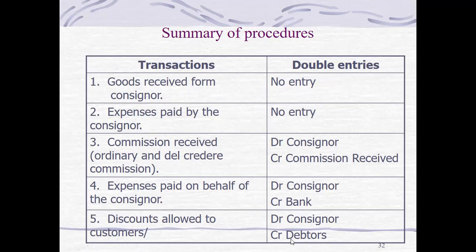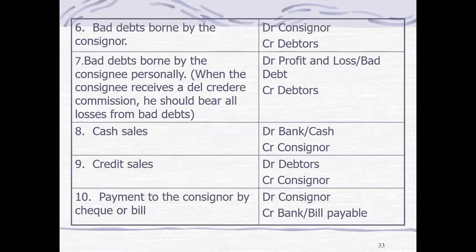Because this is credit, if sales discount is not used, we will be debiting the consignor's account and crediting the name of the debtor. If we are going to use sales discount, sales discount will be debited, crediting accounts receivable, and that will be closed later on to the consignor receivable account. So we will debit the consignor receivable and credit sales discount, so in other words, it will be offset. So we will just be using number five.